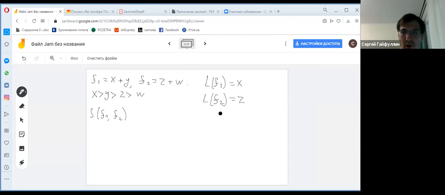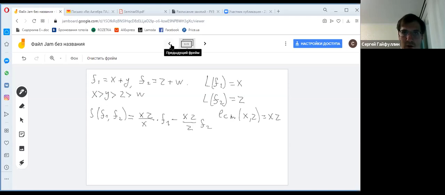Now we need to compute the LCM of x and z, and of course it is x multiplied by z. So now we compute this S polynomial. It is equal to x multiplied by z divided by x multiplied by f1, minus x multiplied by z divided by z multiplied by f2.